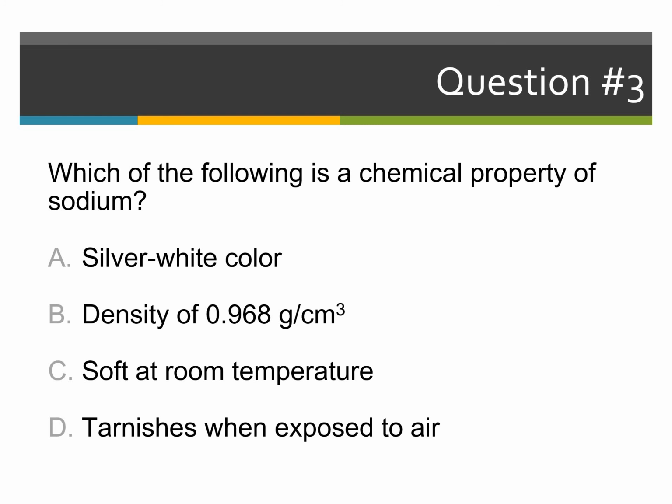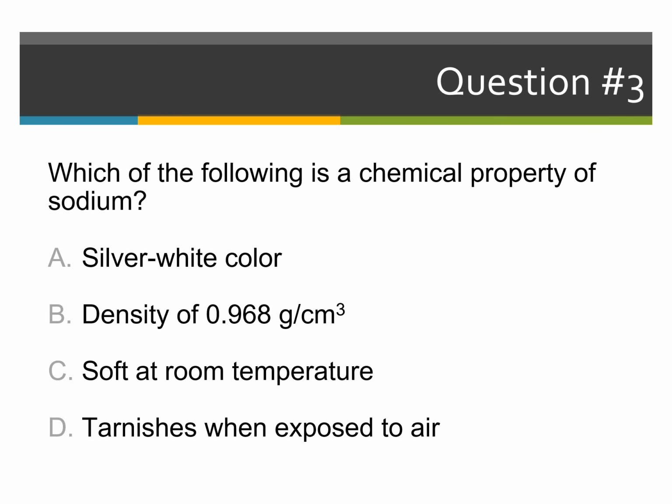A says a silver white color. Now, the key thing here, it's a color. We can observe it. We can see it. That would be a physical property. B, density of 0.968 grams per centimeter cubed. Density is also a physical property. It's in that table that we saw at the very beginning.